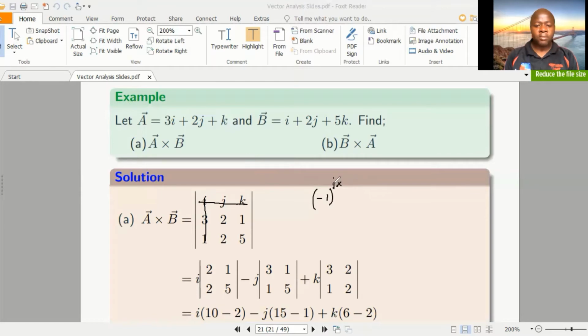Let me use N and M. So for instance, this element I is in row 1.